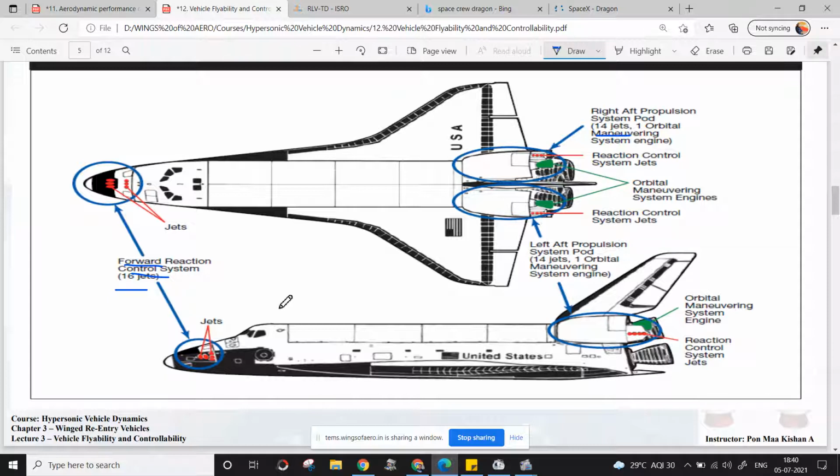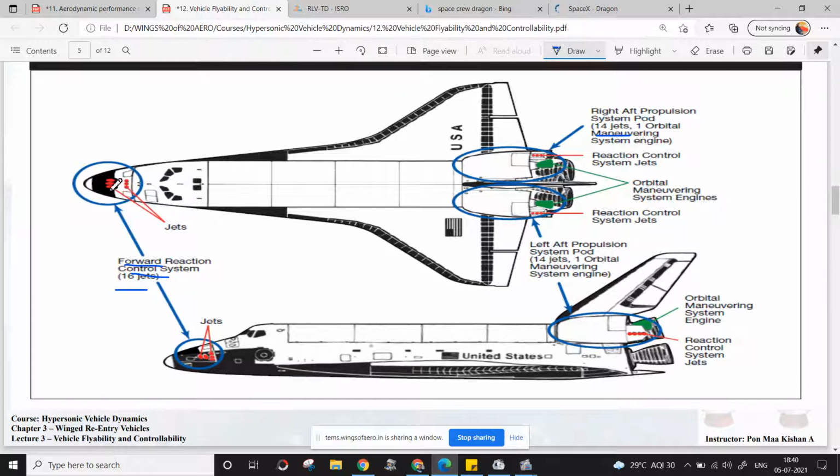When an aircraft is in the atmosphere and you want to yaw left or right, we can use the rudder. When we want to roll, we use ailerons. When we want to pitch up or pitch down, we use the elevator. But in outer space, to perform such maneuvers, these jet systems are used.